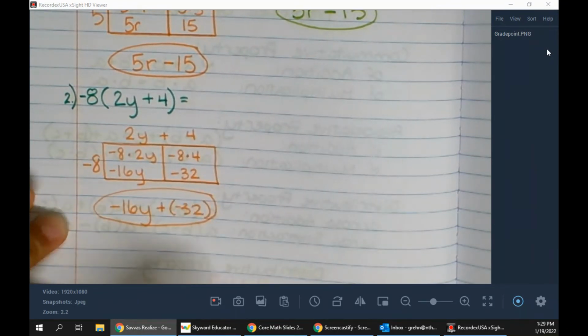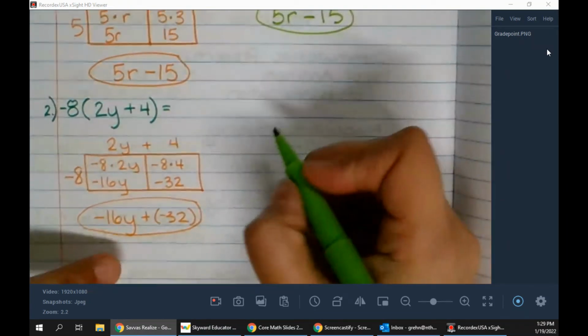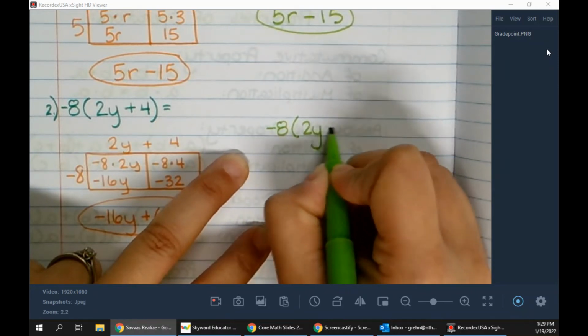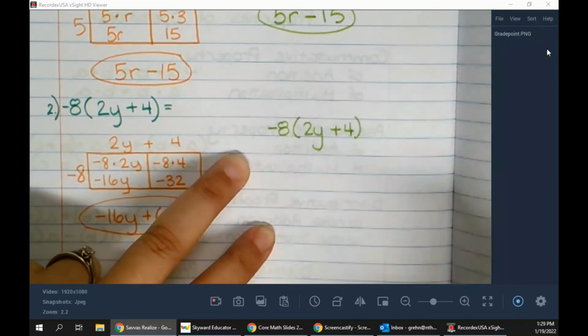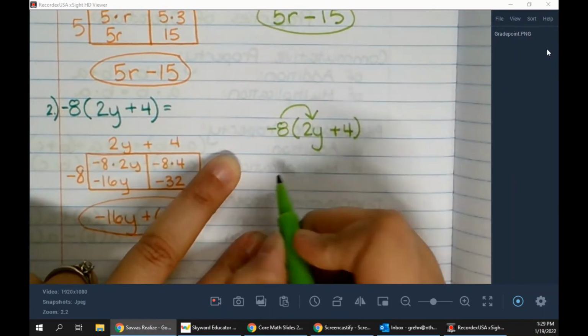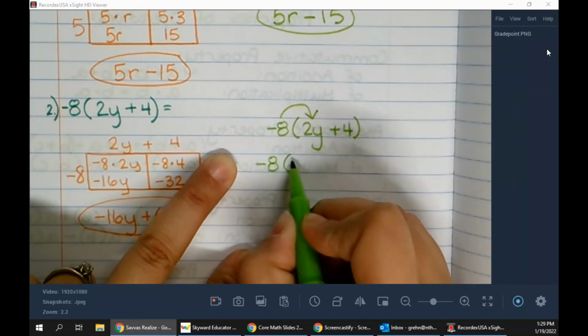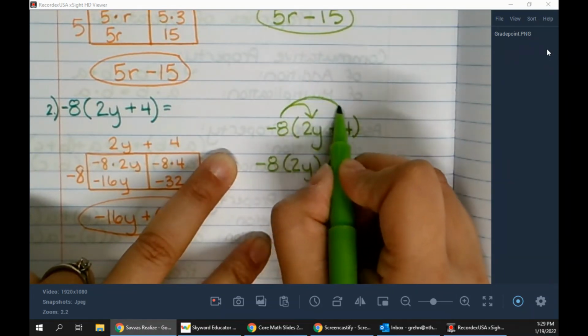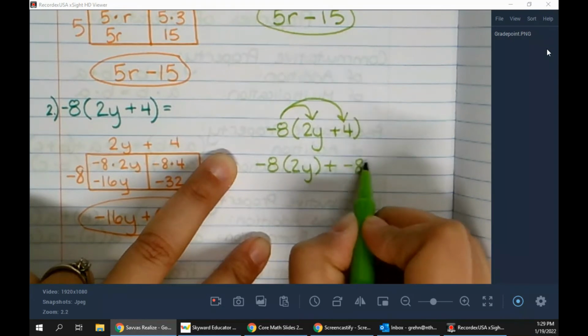Now let's use the distributive property to do the same thing. So I have my original expression, negative 8 times the quantity 2y plus 4. And so I'm going to distribute the negative 8. So negative 8 times 2y plus negative 8 times 4.